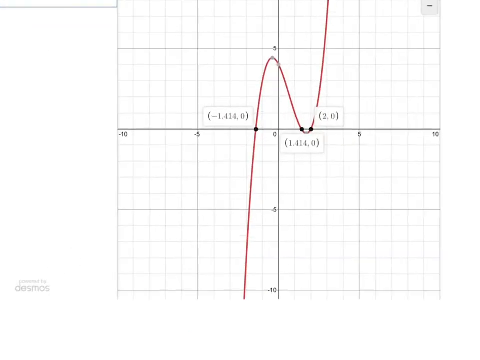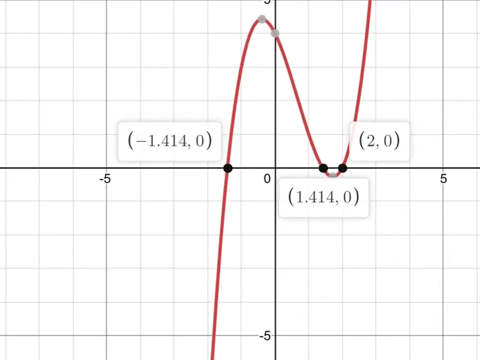Okay, and then here is the graph of that. Now, on WebAssign, it tells you to key it in a graphing calculator. Then it's going to say for part A, write down all of the solutions from your graphing calculator and round them to 3 decimal places.